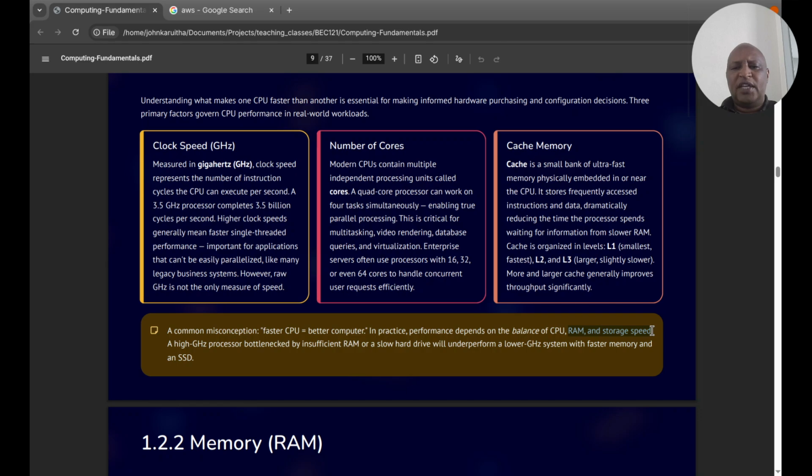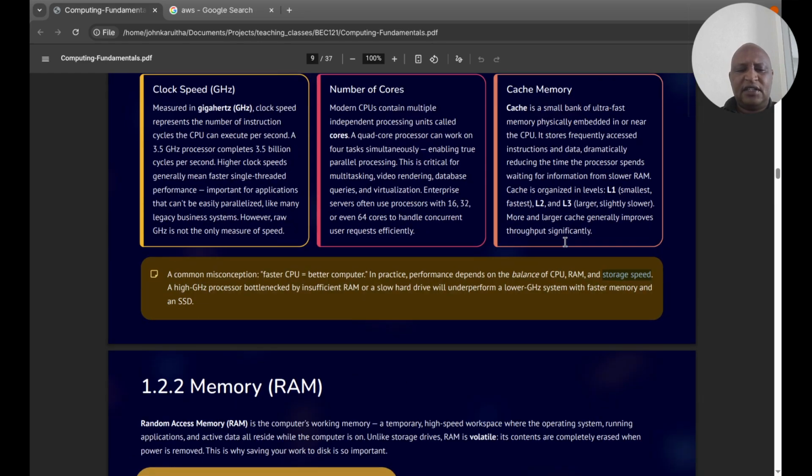So a good computer is a balance of all these three. You have high clock speed, higher number of cores, higher cache, enough RAM. You're going to see what RAM is. And good storage speed. That hard disk should be fast so that data can be fetched in and out of the storage as fast as possible.